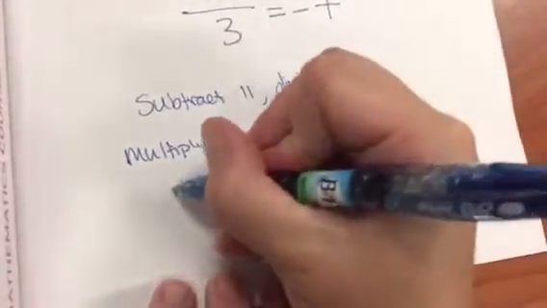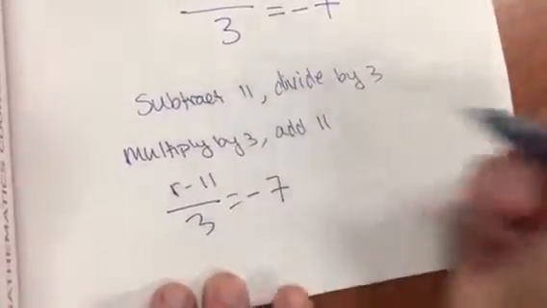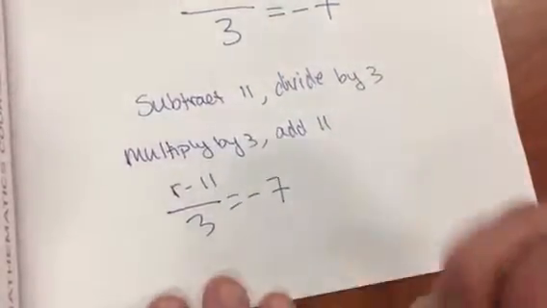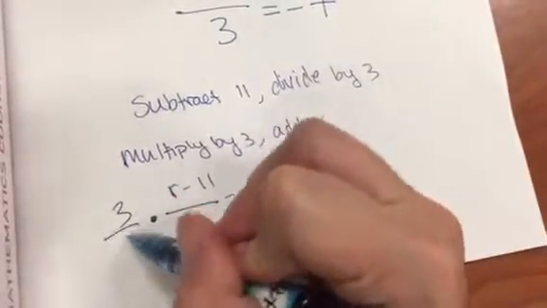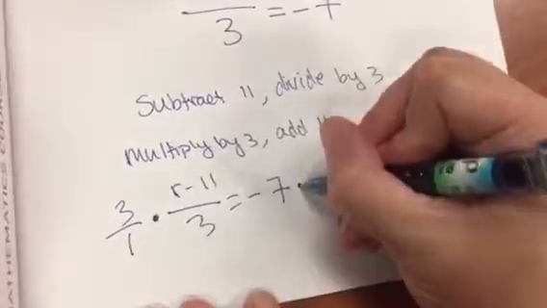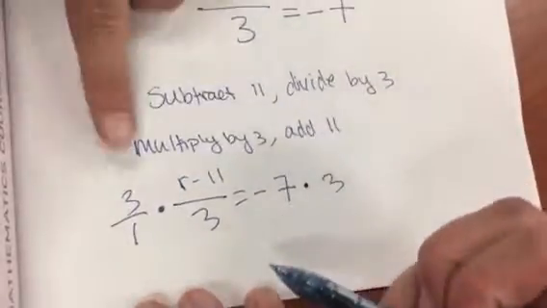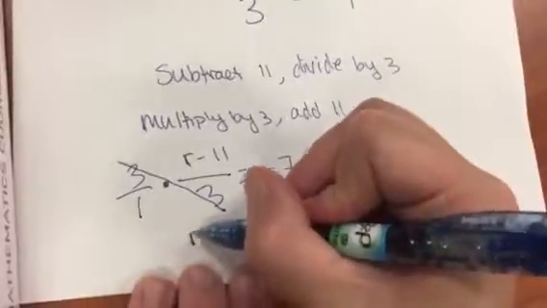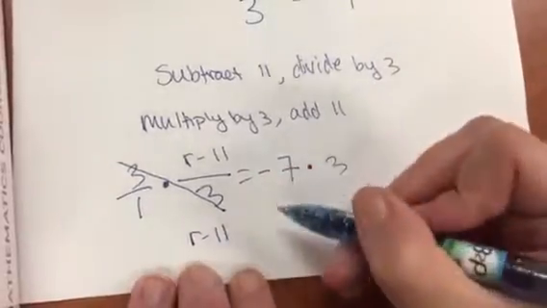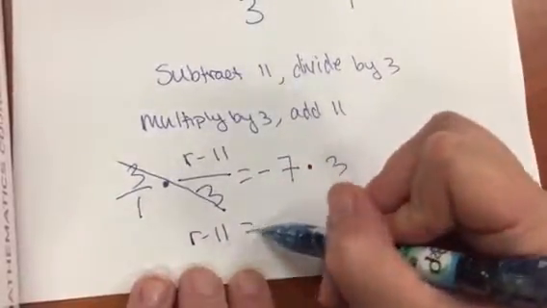So with my original problem, I had r minus 11 divided by 3 equals -7. I'm going to start by multiplying by 3. Whenever you multiply by a whole number, you put the 1 under it. These actually cancel each other out. So I'm left with r minus 11 equals -21. If you don't understand that, please come see us.